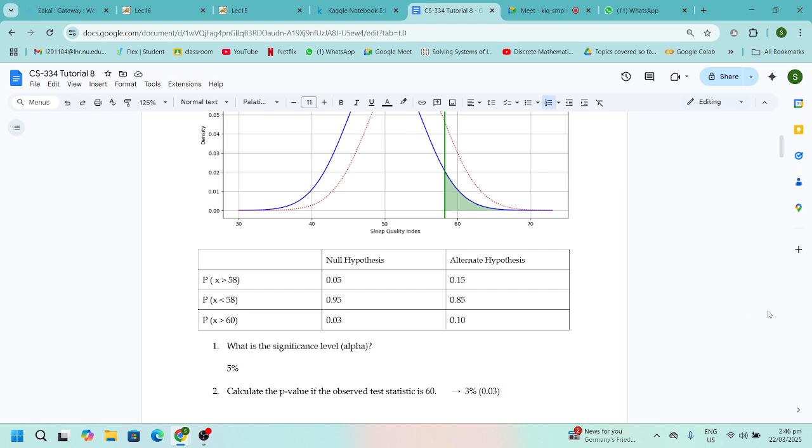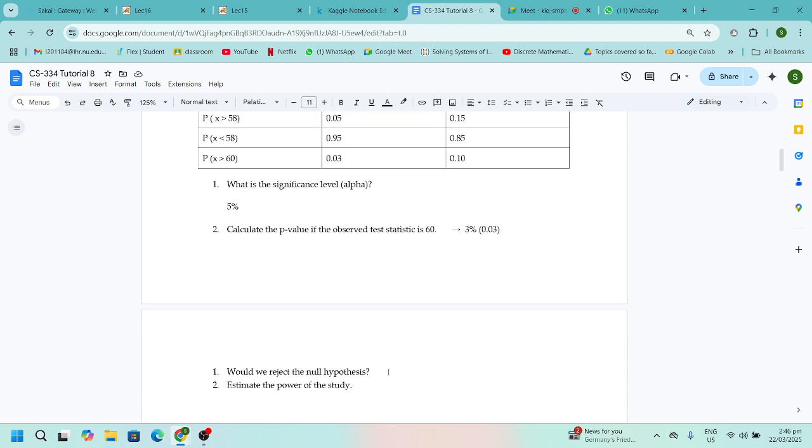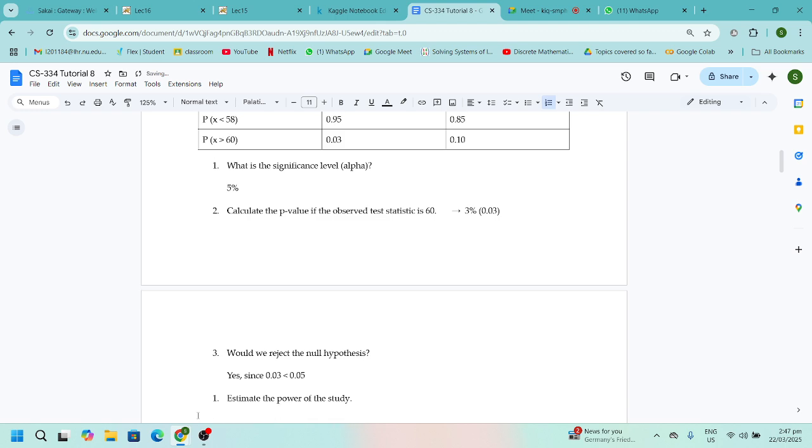Essentially, when your p-value is less than your significance level, you reject the null hypothesis. Since your p-value of 0.03 is less than your significance level of 0.05, you reject the null hypothesis.